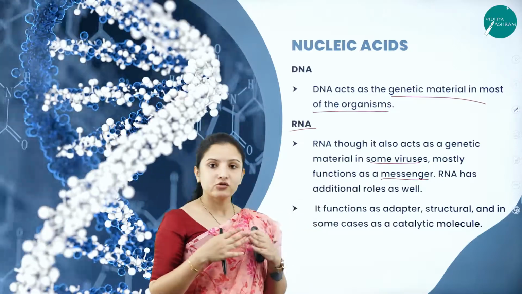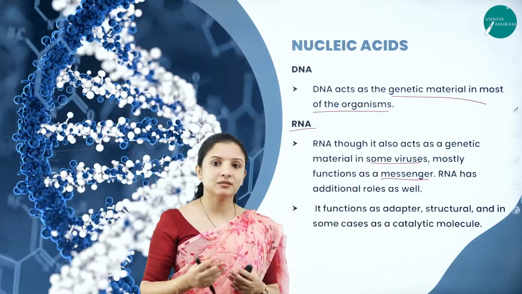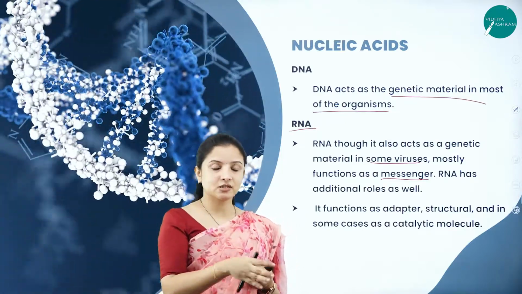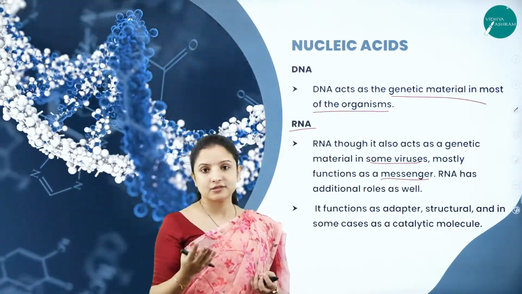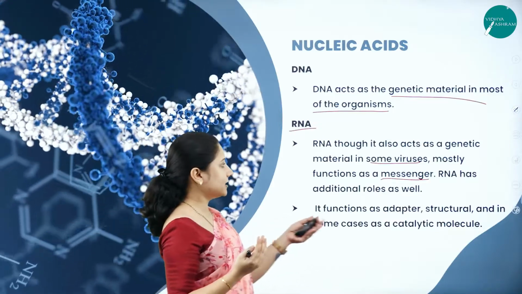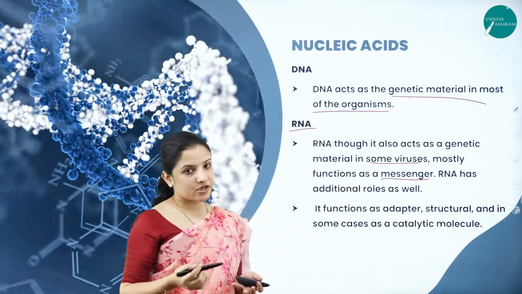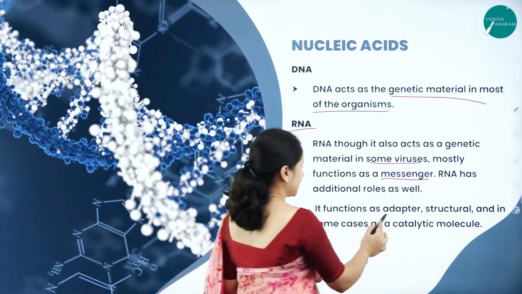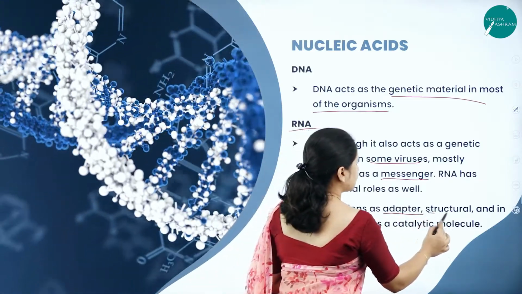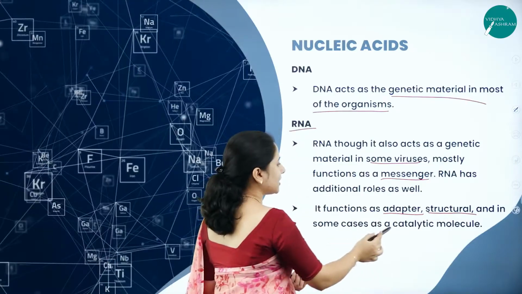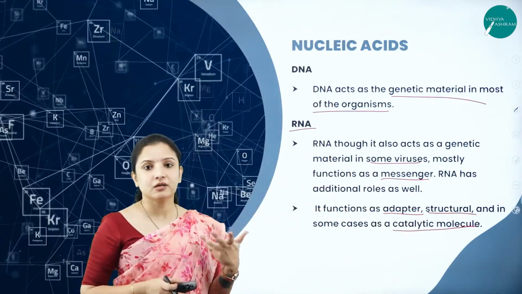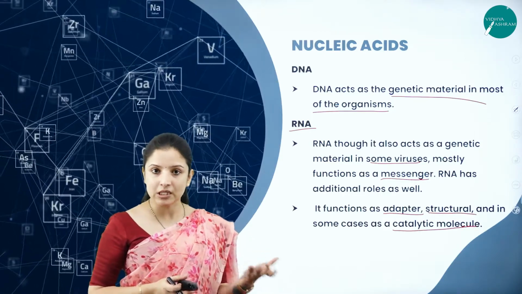So usually RNA in other organisms acts like a messenger RNA, carrying the messages from the DNA to the respective parts or cells. So RNA has an additional role as well. It functions as an adapter, it functions as a structural molecule, and in some cases it functions as a catalytic molecule that speeds up the rate of a function of something else.